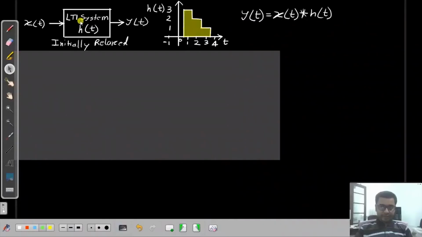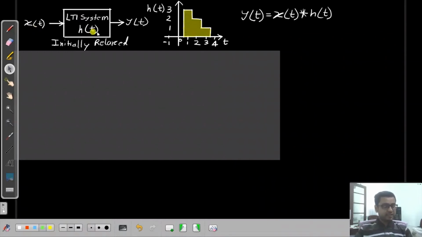Today my motto is to uncover some of those pictures behind these horrifying equations. Let us begin. Suppose this is an LTI system.